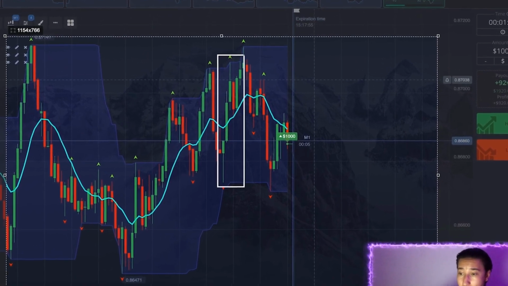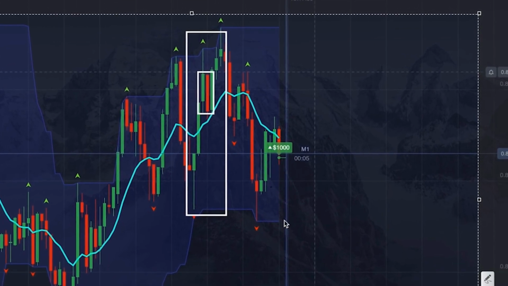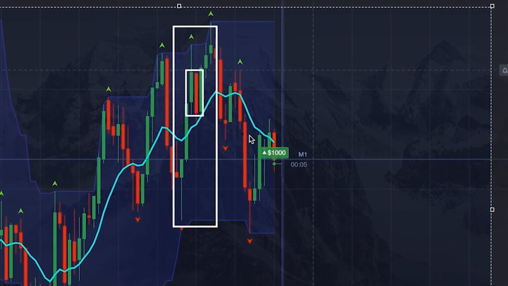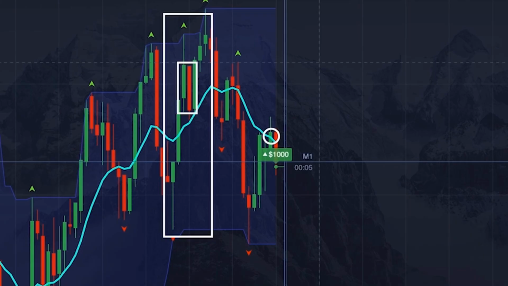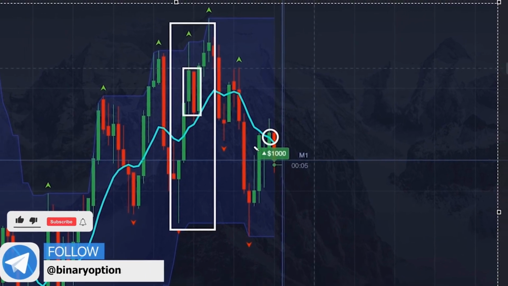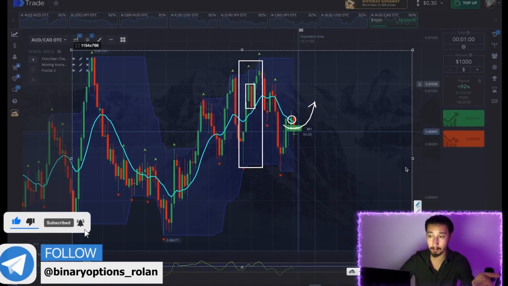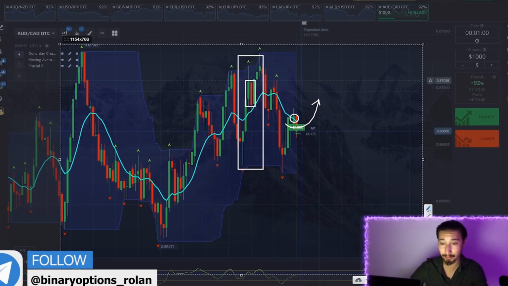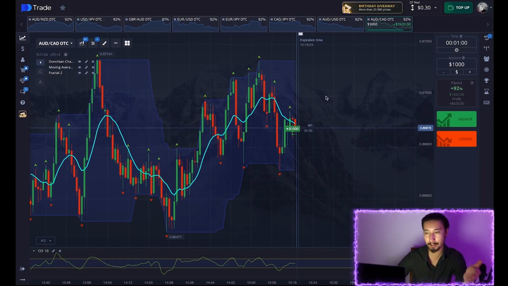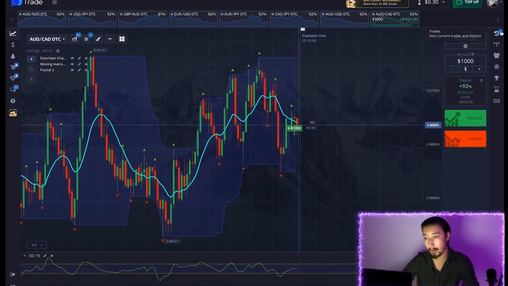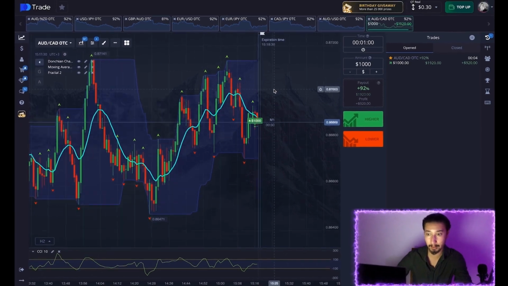We can notice approximately the same similar situation here with this rollback. Here also the deal was opened after the formation of extremum points, and in this area I observed the intersection of the weighted moving average from bottom to top, and since the trend we have is upward here, it's better to open in the direction of the trend. And in this trade I open again in the direction of the trend.